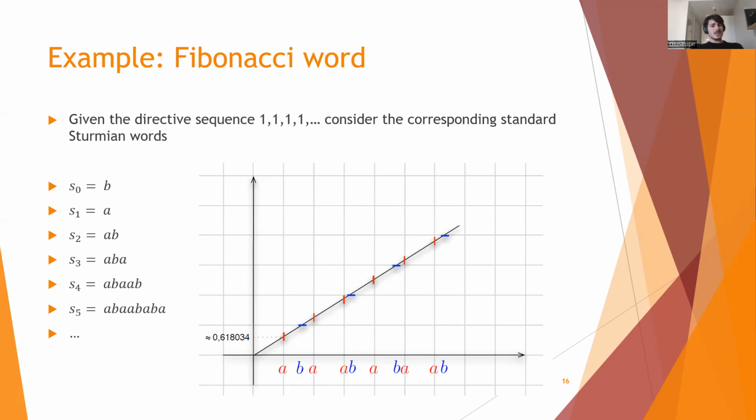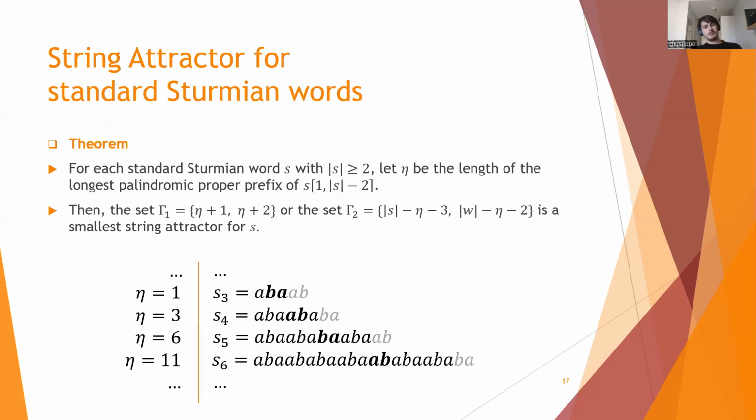And in our previous work, we proved that for each standard Sturmian word with length greater than or equal to 2, if we consider eta as the length of the longest palindromic proper prefix of the standard Sturmian word without considering the last two symbols, then we can find a suitable string attractor for this word S, which consists of two consecutive positions, and these positions are related to the size eta.